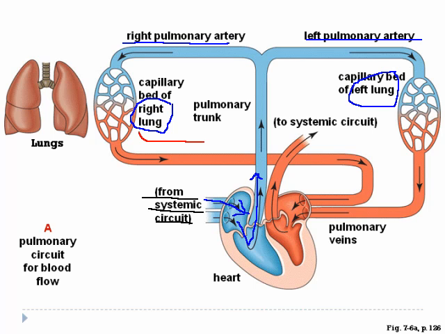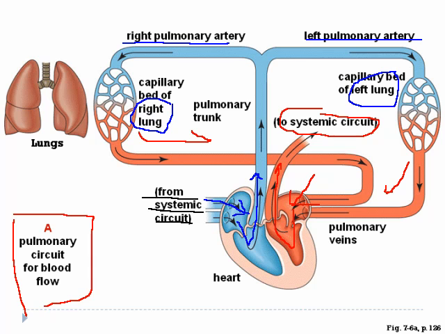And now this oxygenated blood comes back in the left side of the heart and goes out through arteries that will send it to the whole body. So this is showing you the pulmonary circuit of blood flow and how it fits with the pattern of blood flow through the heart.